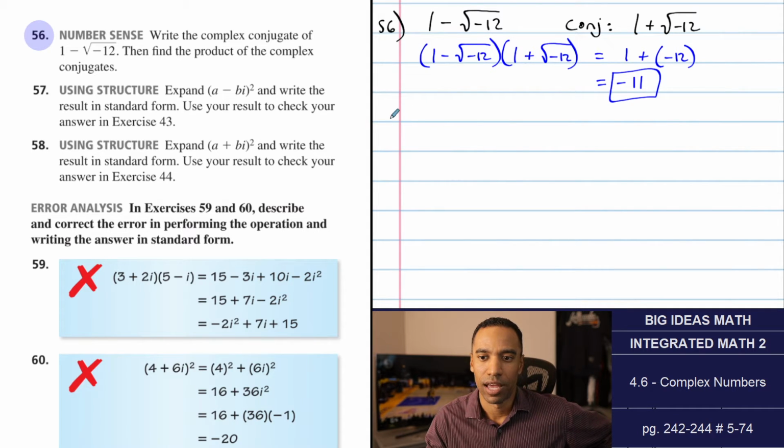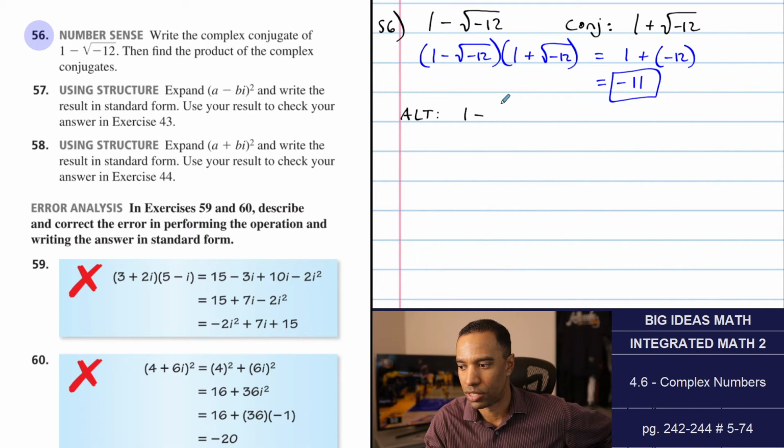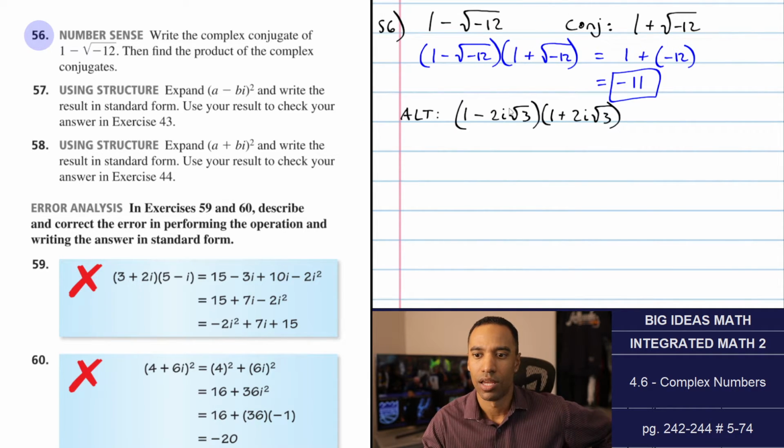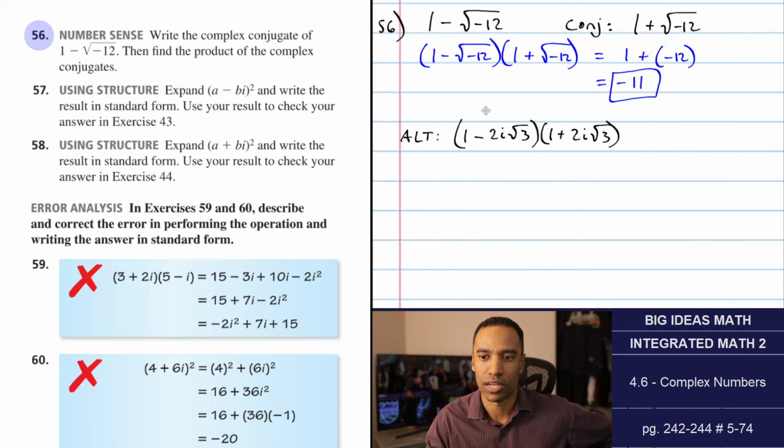As an alternate thing, we can turn this into 1 minus 2i root 3 times 1 plus 2i root 3. It's going to be the same answer. I'm just saying, I wonder how the appearance changes things.